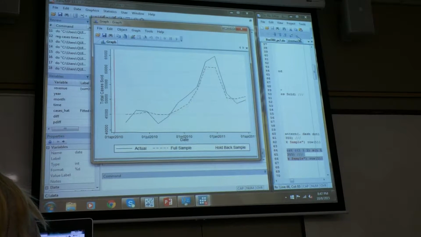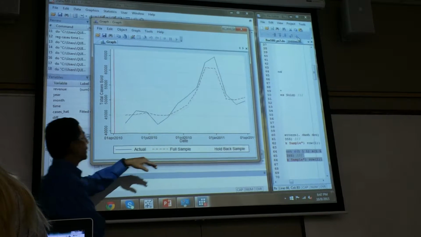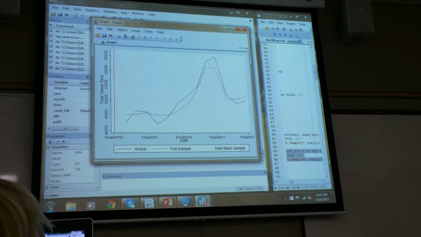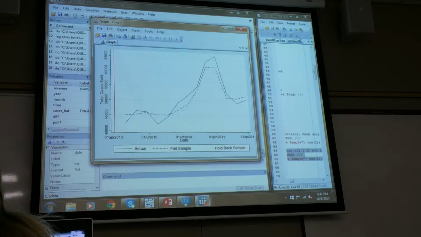The model fit pretty well. But here are the two forecasts. The red forecast, using the full model, is better, more accurate than the holdback sample.